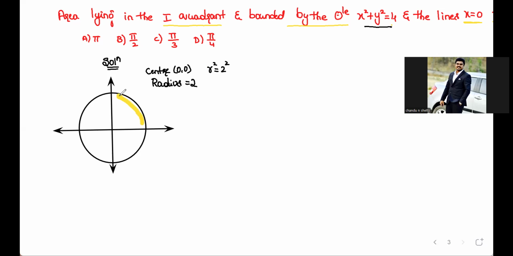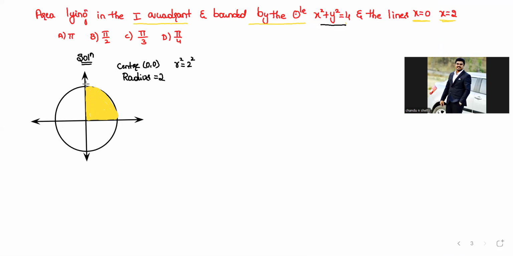I'm shading that. You can observe they have given two lines. One is x equal to 0, and the other is x equal to 2. So x equal to 0 will come out as this one only.